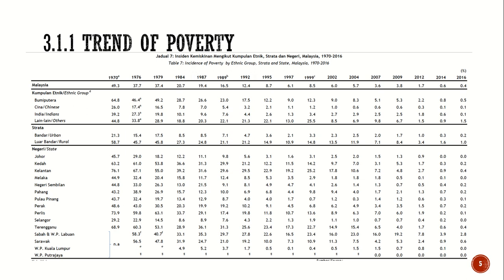But states such as Kedah, Kelantan, Terengganu, Sabah, and Sarawak, the percentage of poverty are quite high. But as time passes, we are able to reduce the poverty rate. So it is a good effort taken by the government to reduce the poverty.